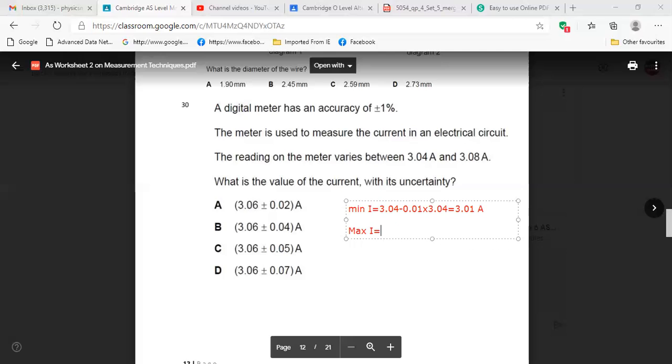So write it: 3.08 plus 0.01 multiplied by 3.08 equals, what does it come to?